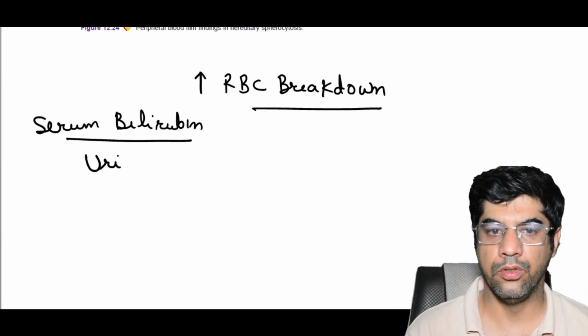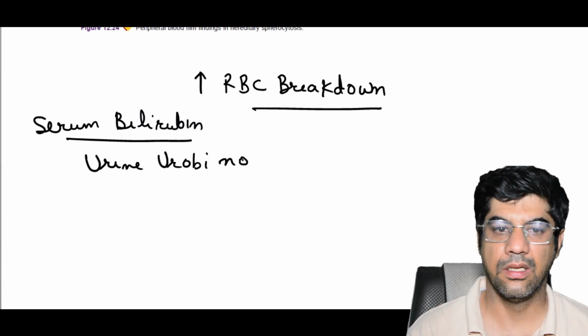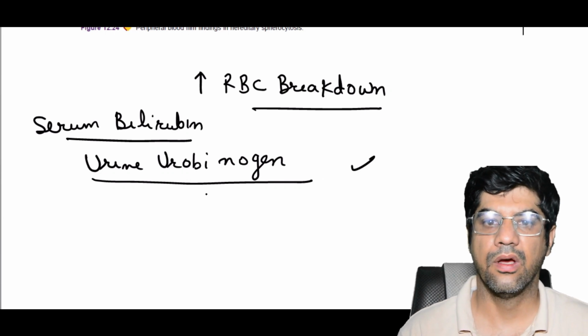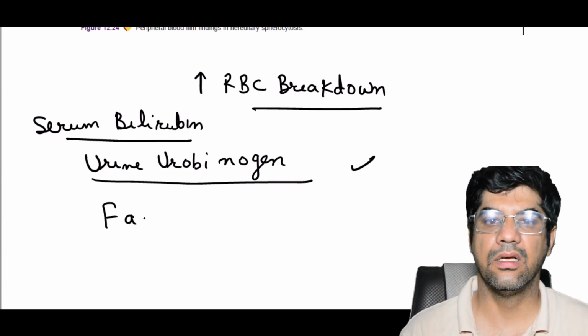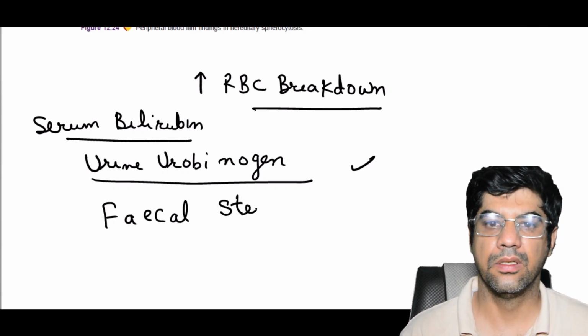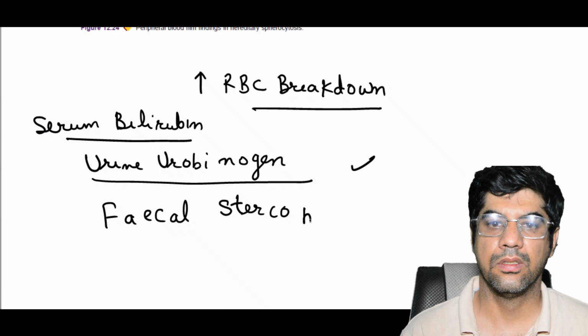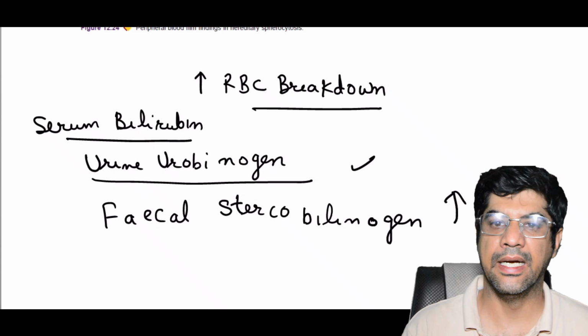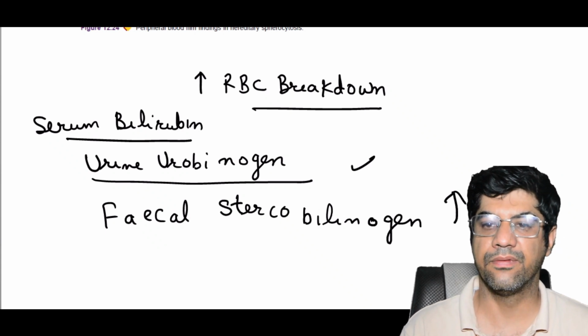Urine urobilinogen, an increased level without bilirubinuria. Fecal stercobilinogen, so that the level would increase, which would indicate the increased breakdown of RBC.